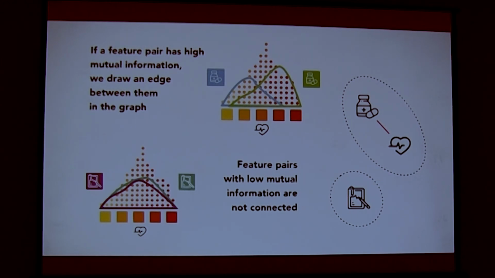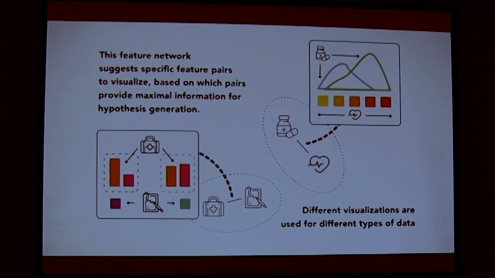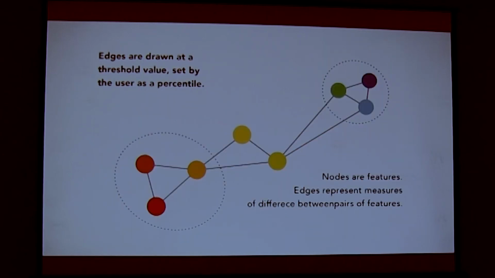And so we wouldn't draw an edge between those two in the network. But then this kind of approach of using mutual information would allow us to draw edges between features of different types, whether they're categorical, nominal, ordinal, or quantitative, or binary. And so I'm really excited about that kind of research.